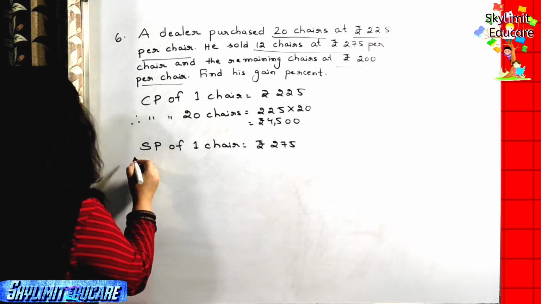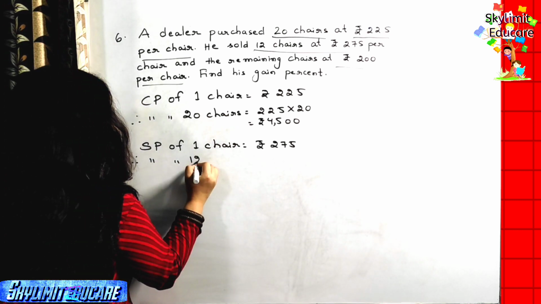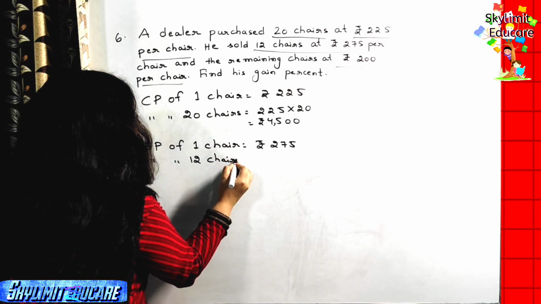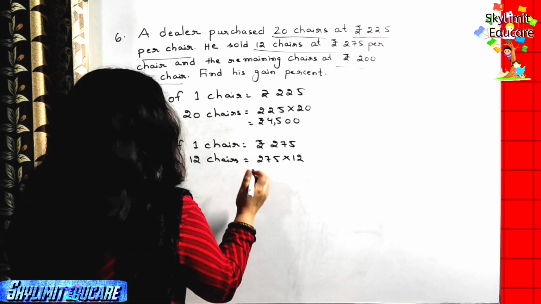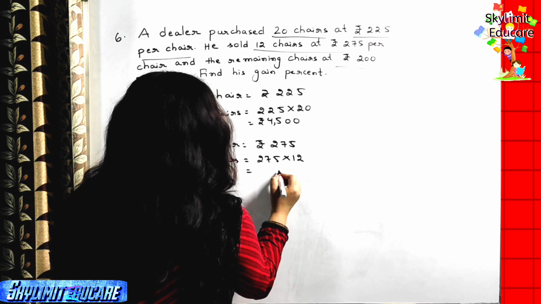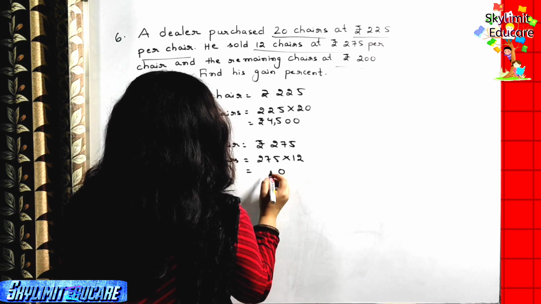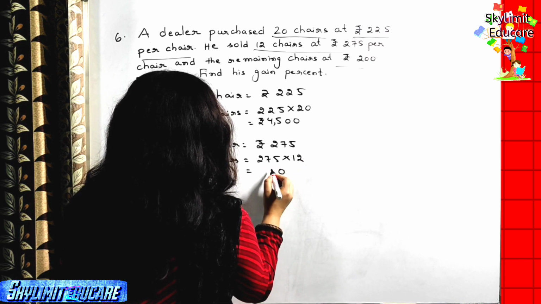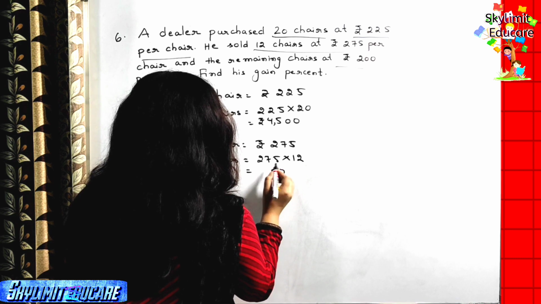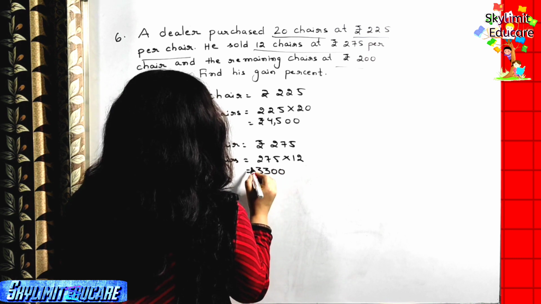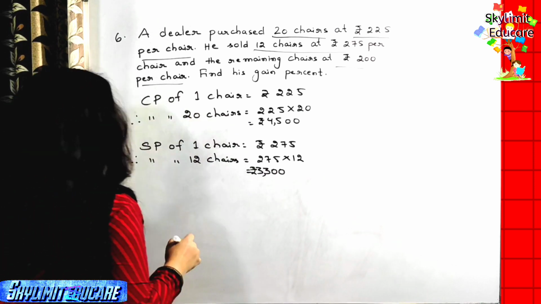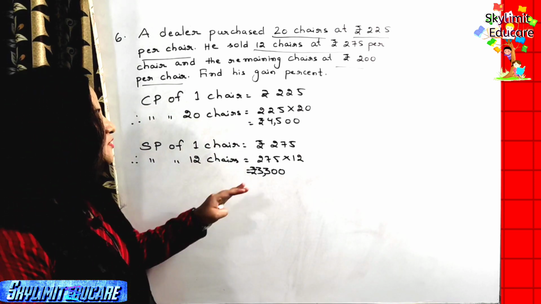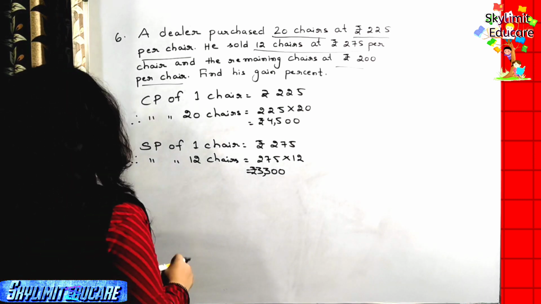Therefore, the SP of 12 chairs will be 275 multiplied by 12, which is rupees 3,300. Clear? That means he sold 12 chairs for rupees 3,300.